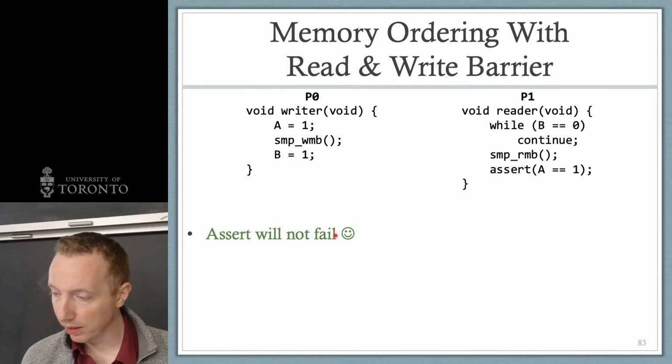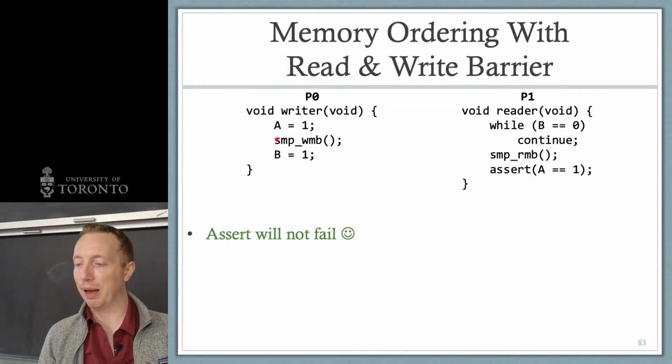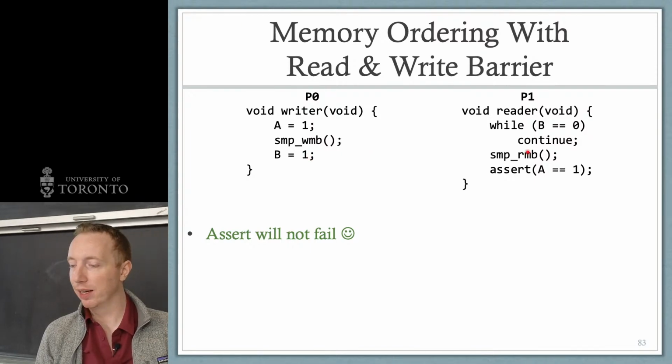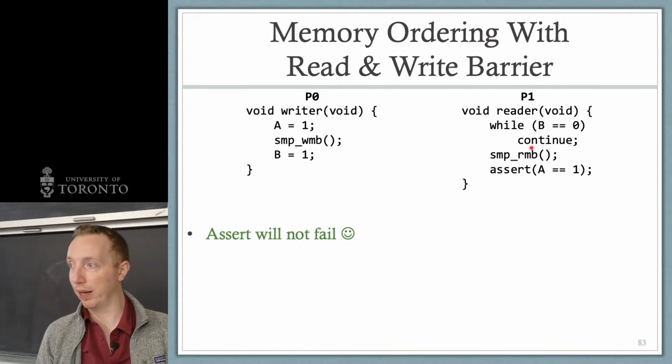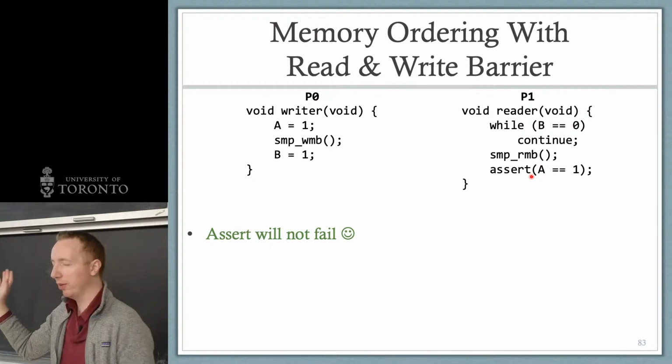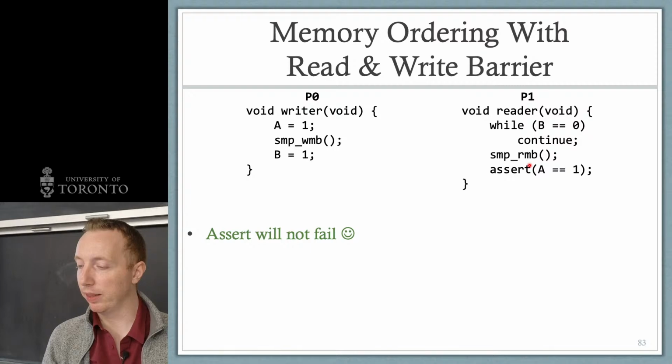So if we fix this, we could just have a write barrier here to make sure that this write is visible before this write, and then a read barrier to make sure that, if this read happens, any changes on any other core, I've actually applied them before I read anything after the line.